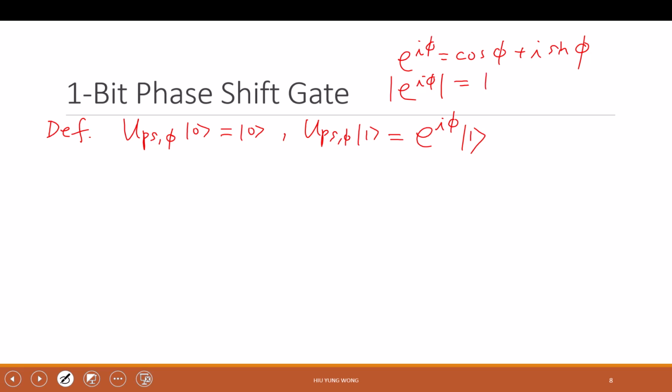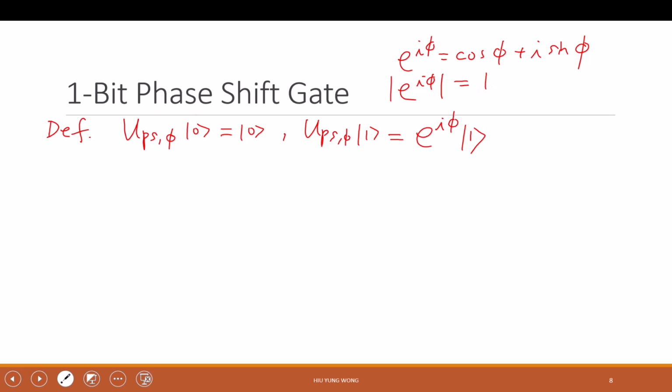And that's why this is important, because remember, for all the probability we have talked about, it's related to the square of the magnitude of the coefficient. If you add this e to the power i phi to the coefficient, are you going to change the measurement probability? No, because its magnitude is 1. You only change the phase.